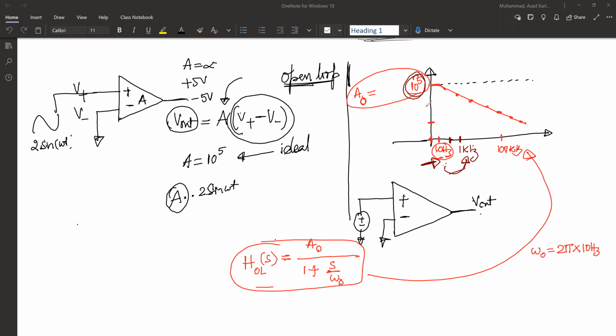So I'm already losing about 40 decibels, correct? So this is 100 decibels, right? From 100 decibels, I am basically coming down to 60 decibels. So just if I want to operate at 1 kilohertz, I'm losing about 40 decibels of gain, which is not quite good.